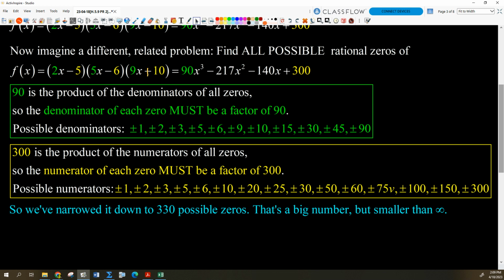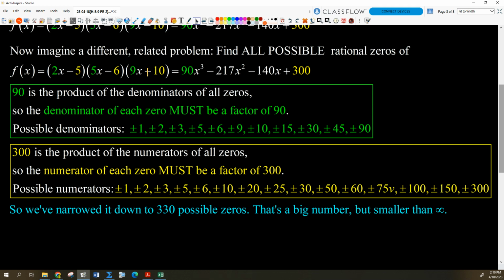So then the possible rational zeros would be every fraction I could make out of the green numbers divided by the yellow numbers. That's a total of 330 possible zeros, okay? That's a little bit daunting, to think you'd have to try potentially 330.